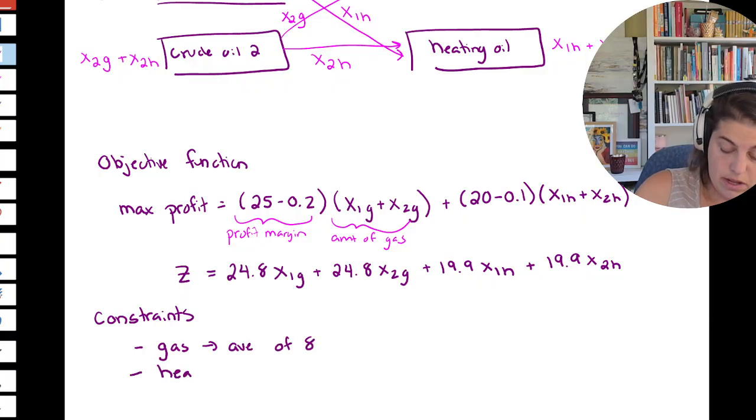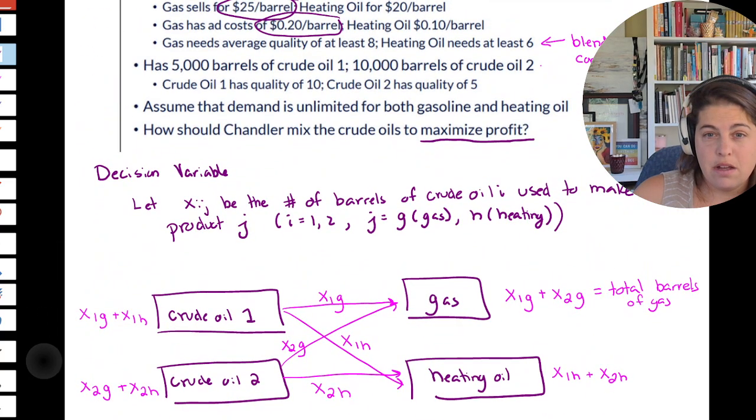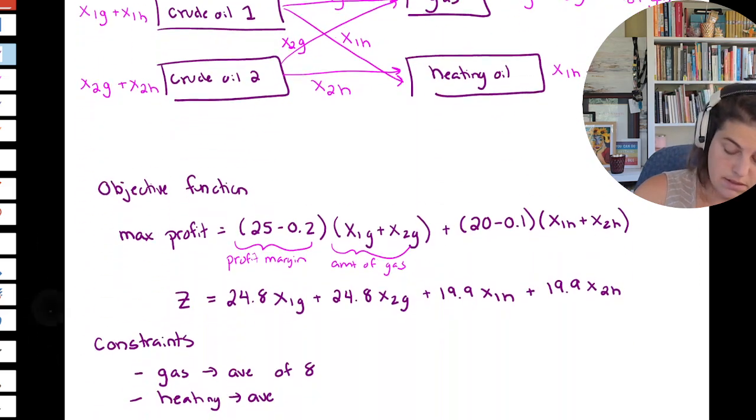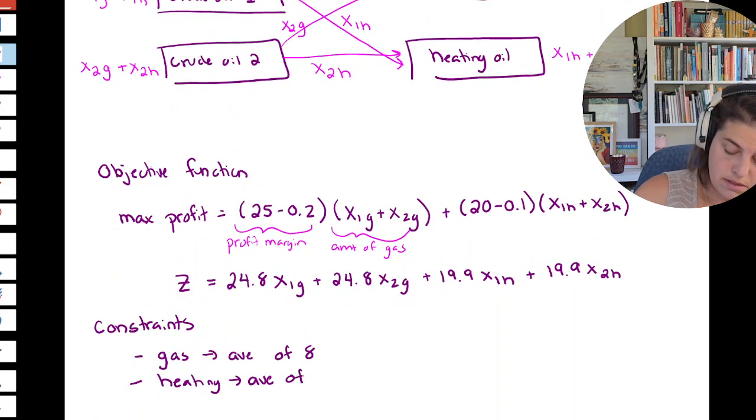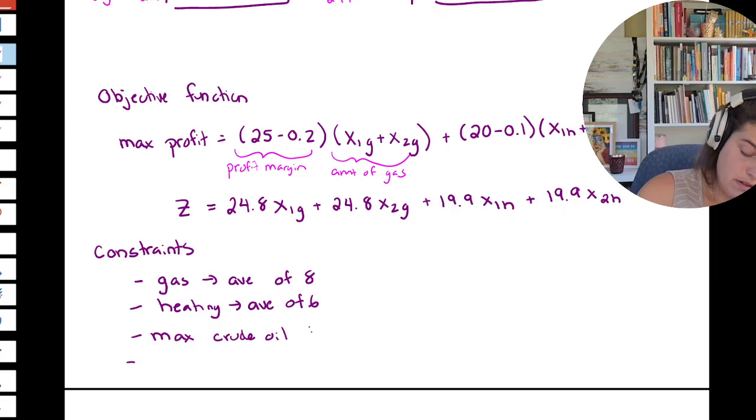We have heating oil needing that average quality of 6. And then we have our maximum of crude oil 1 and crude oil 2. And then we're going to have non-negativity.